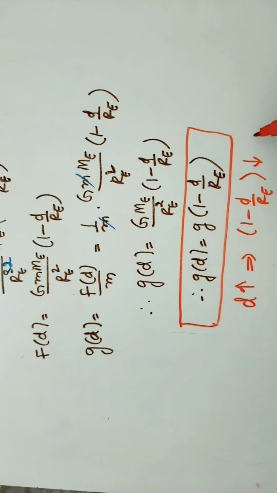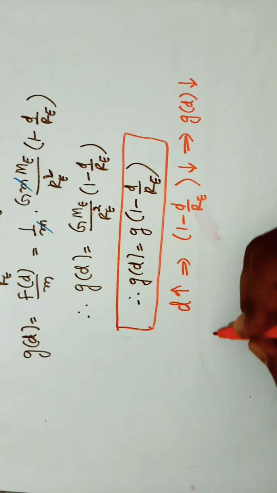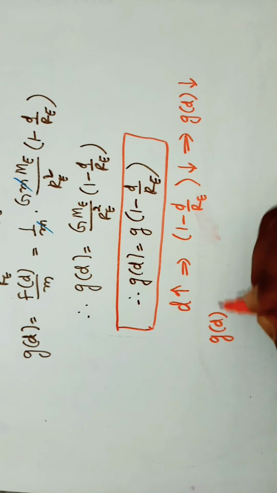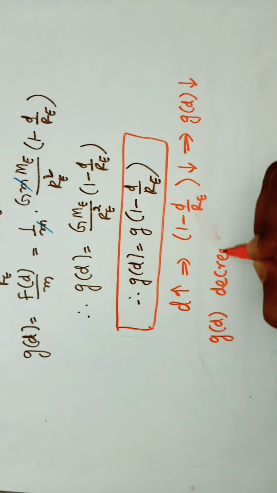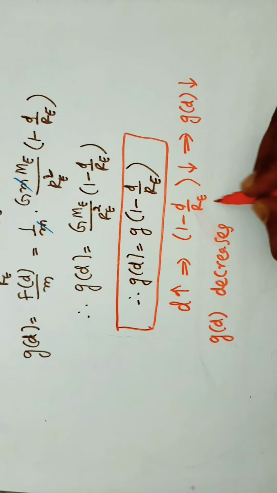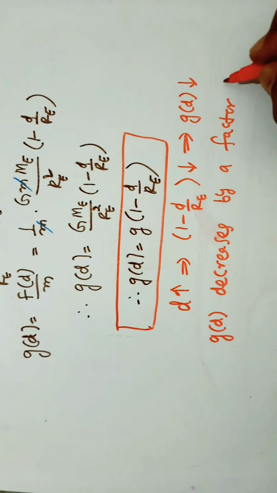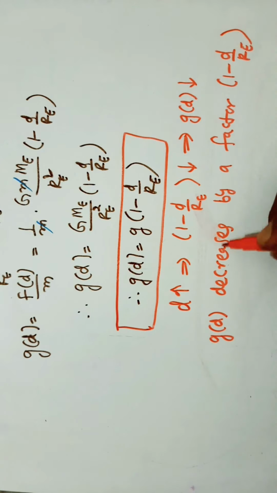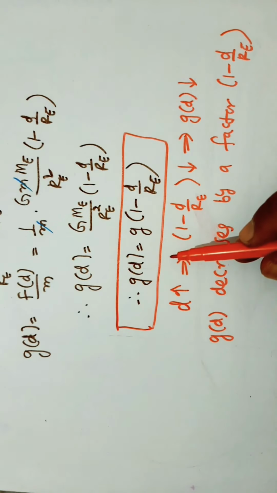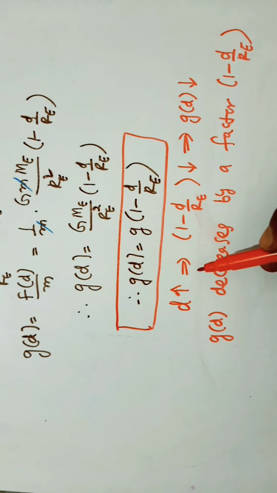So finally g of D decreases by a factor of 1 minus D by RE. So here also, if depth increases, acceleration due to gravity at that depth decreases.